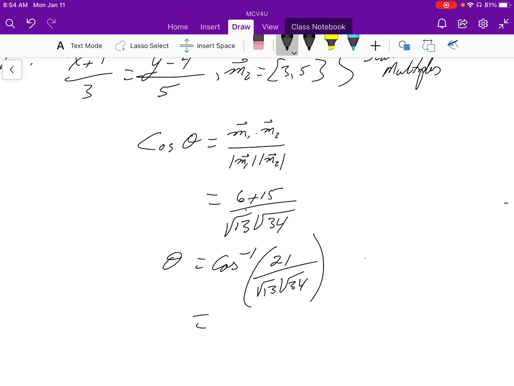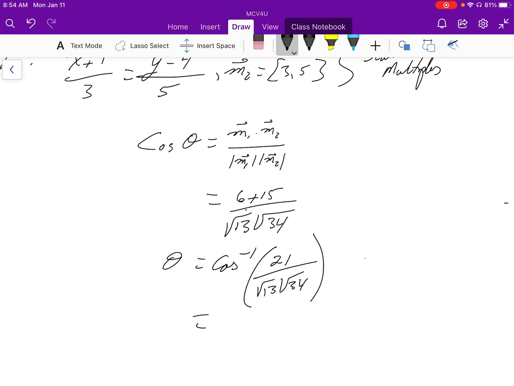Then we can go to our calculators. We have cos inverse of 21 divided by the square root of 13 times the square root of 34.